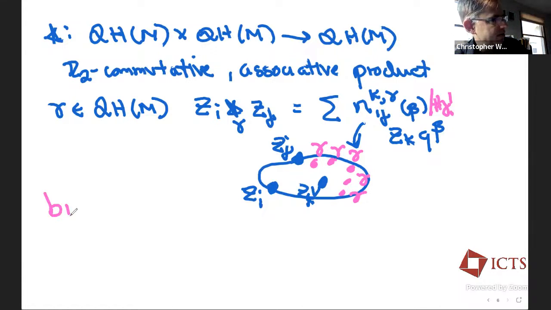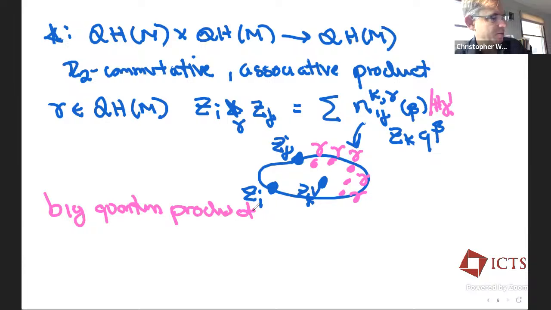And so this thing is called the big quantum product. I see. And it specializes to the small quantum product when this gamma is equal to 0.